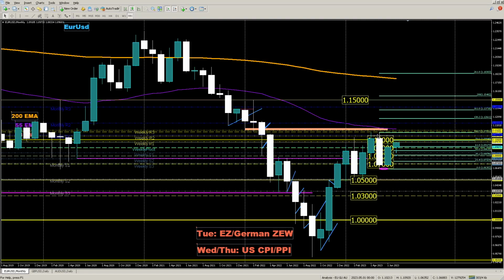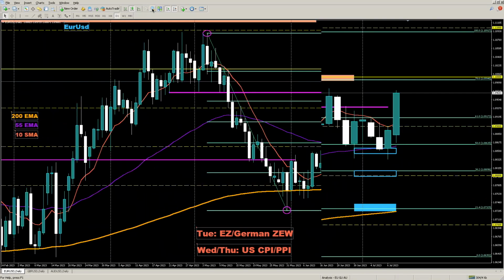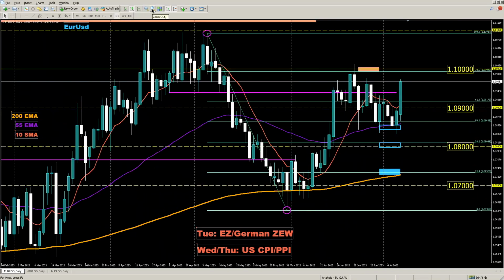So it's still contained within that larger candle. So it could be a piercing line pattern here, to see whether it's going to continue to break out higher. So 110 is a critical resistance.